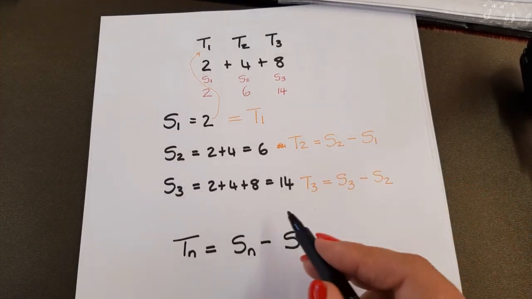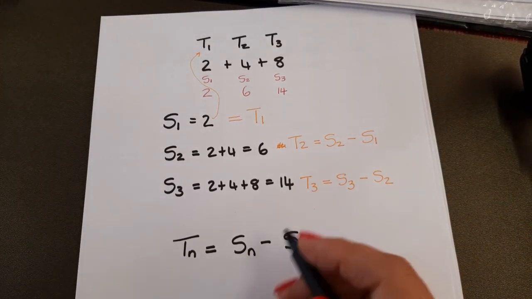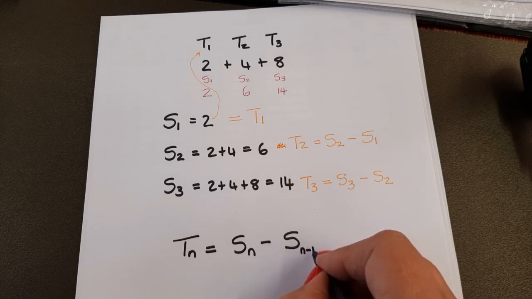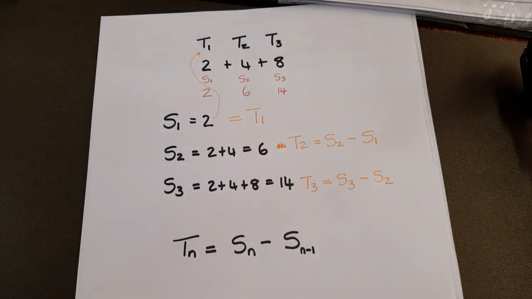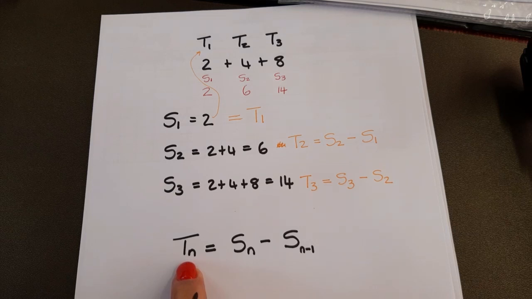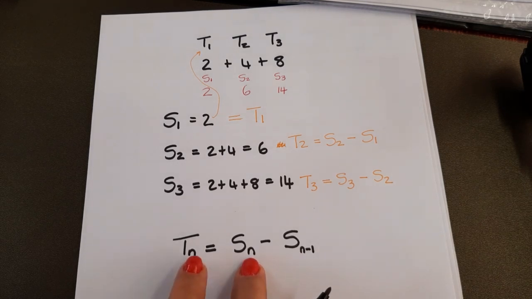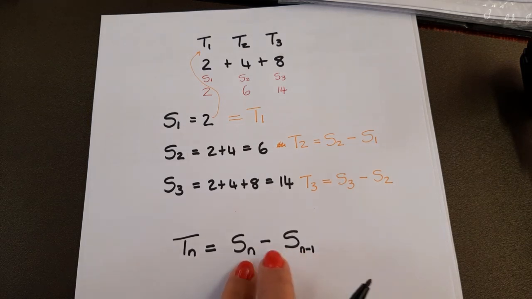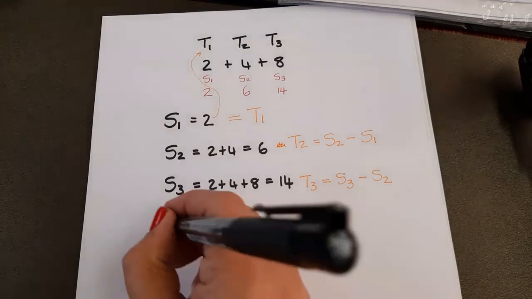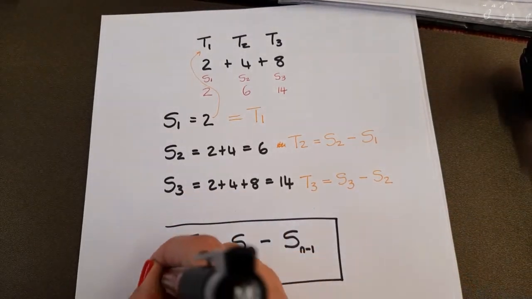The previous one of n will be n minus 1. So in order to get a certain term, when you only know the sum answers, you take the sum of that term and you minus the sum of the previous terms from this one. This is very handy.